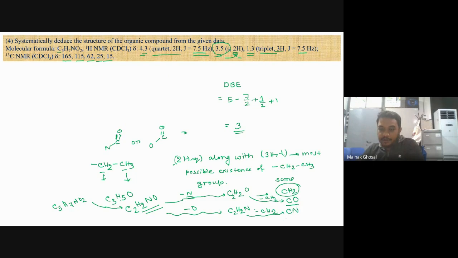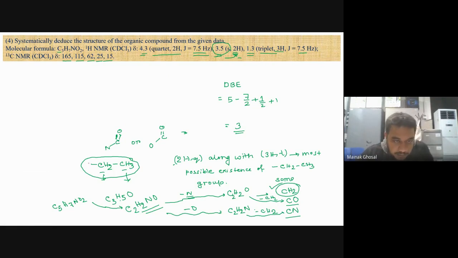Now you have got two values, CO and CN. So finally, in your compound there is some ester group. In your compound there is some CH2 kind of thing. Okay, I will take the red one.